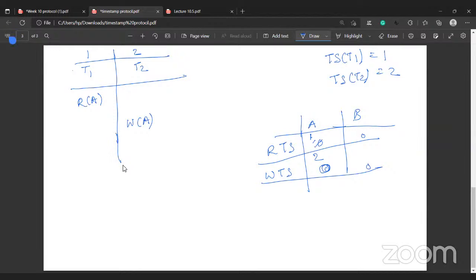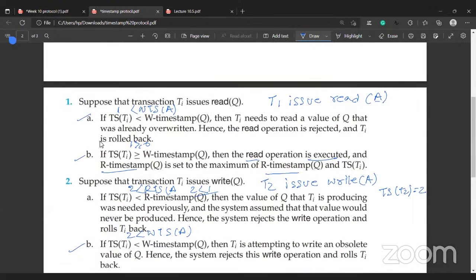Now suppose transaction T1 again issues a read operation. Okay, now let's erase. So T1 issues a read operation on data item A, right?